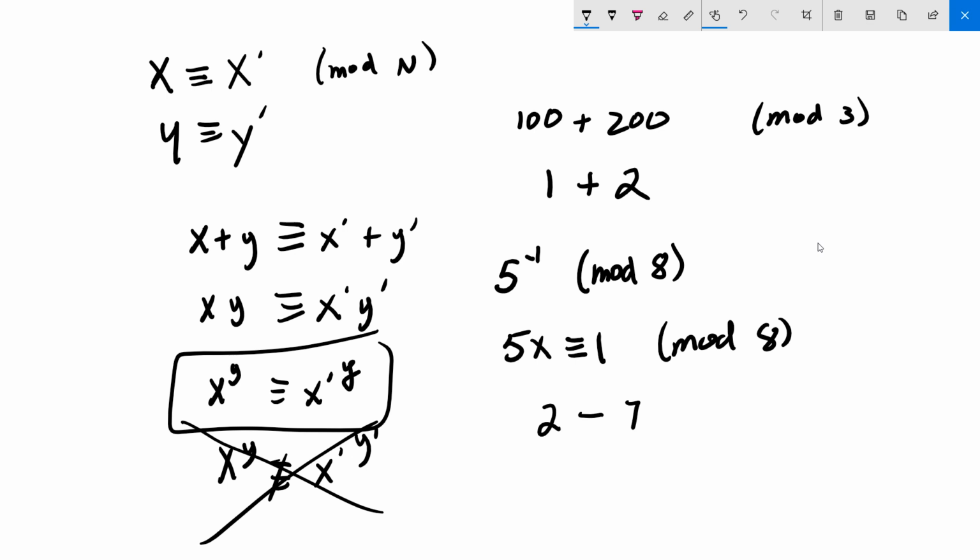That's no good. 5 times 5 is 25. And 25 divided by 8 has a remainder of 1. So 5 times 5 is 1 working mod 8. Now, we're about to see an algorithm for doing it, but for small numbers like this, it's much easier just to do it the way I just did it than to try to use the algorithm.